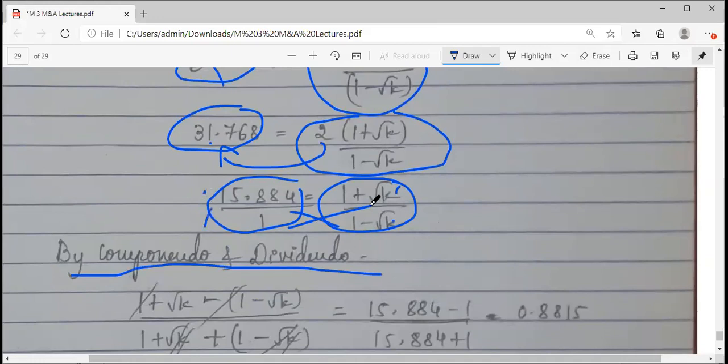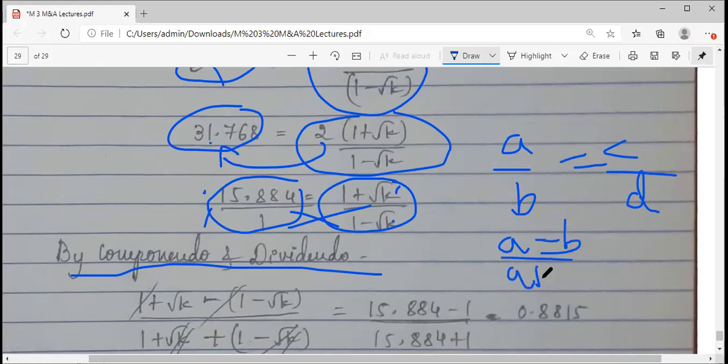Take numerator by denominator. If the ratio is A by B equals C by D, then on the left-hand side you take A minus B by A plus B, and here also you take the same, C minus D by C plus D. We have already seen this kind of ratio in module 1, in the case of reflection coefficients.